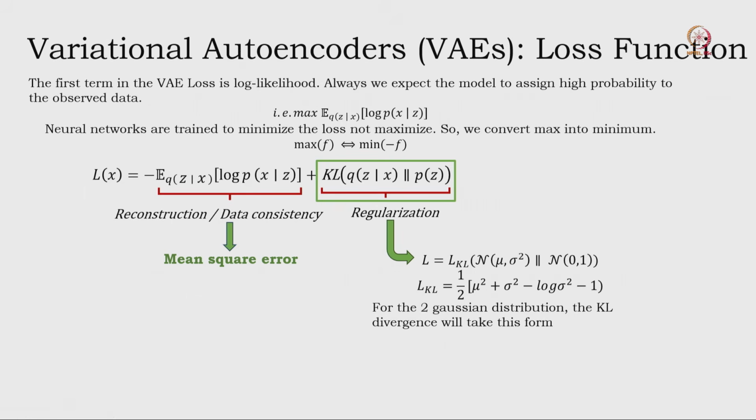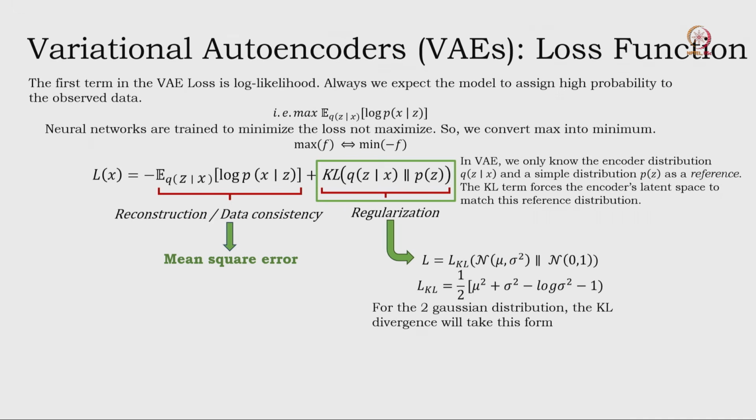Second, we have the KL divergence. Now what exactly is this KL divergence? If you have observed, in a variational autoencoder the encoder distribution is Q of Z given X. Why have we made an assumption here, and for this assumption, what is the reference that we have taken? We have taken the reference as the latent variable distribution P of Z, which is a normal distribution.